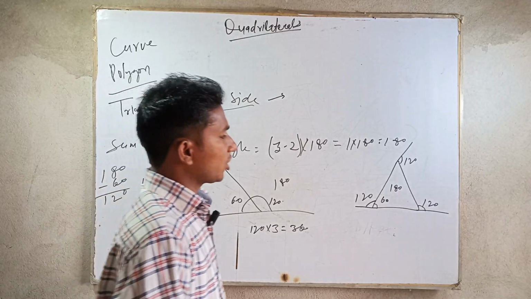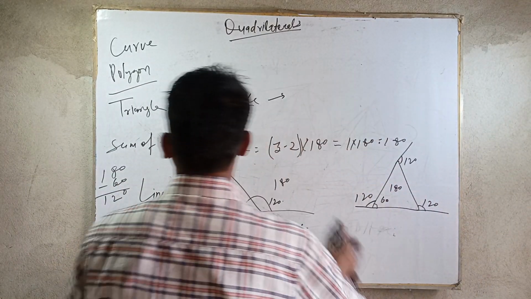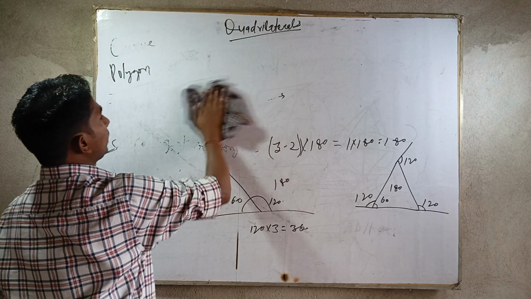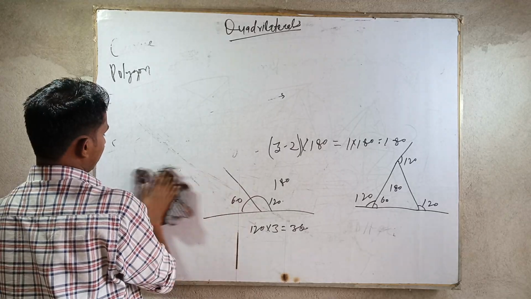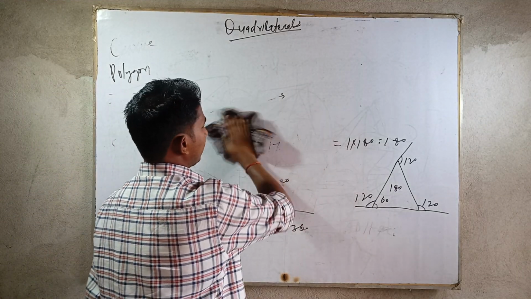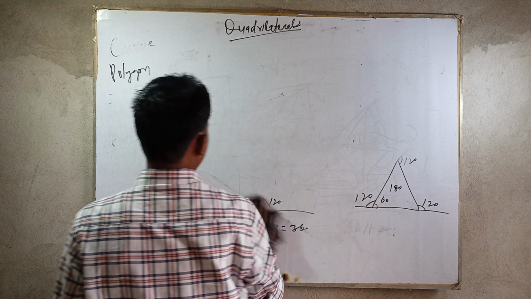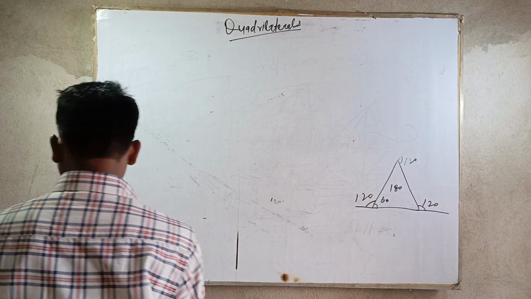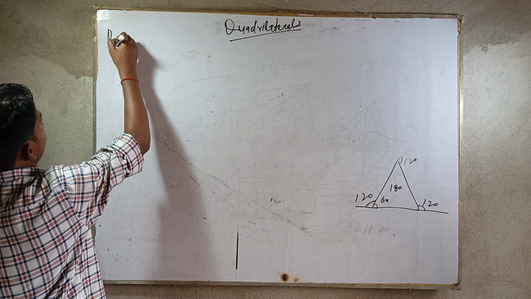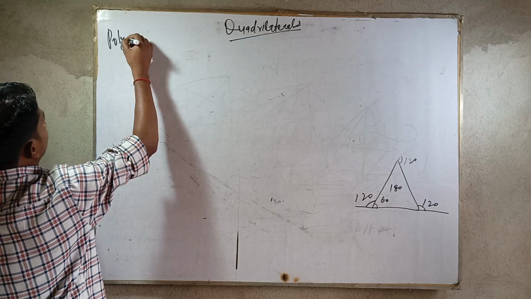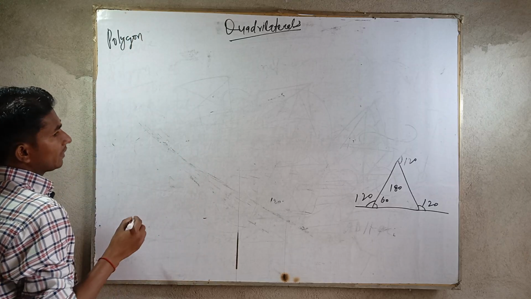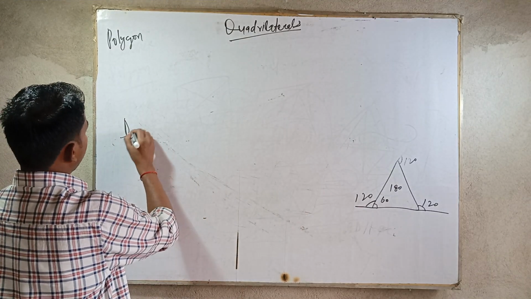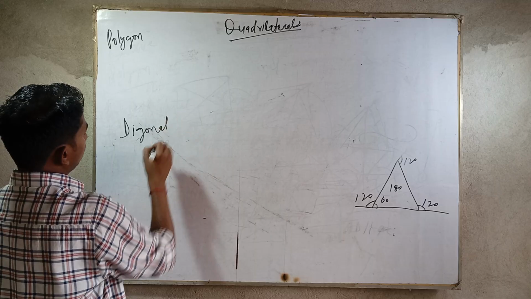And sometimes it is also given that one angle of a triangle is given, suppose I have one external angle, I have a polygon, and first I need to find its diagonals.